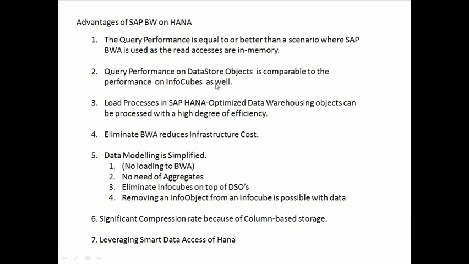Without HANA, we generally prefer doing reporting on cube because the performance is a lot better when compared to DSOs. But once HANA comes in, which starts leveraging column store tables, whether you do reporting on cube or on DSO is one and the same performance-wise. So then why do I go with having another layer at the top with cube? I start doing reporting on DSO.